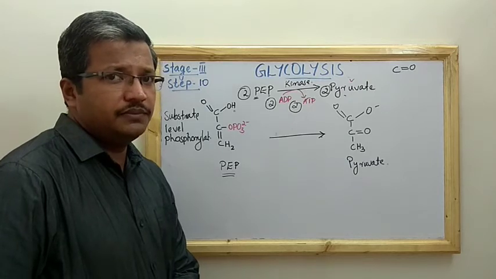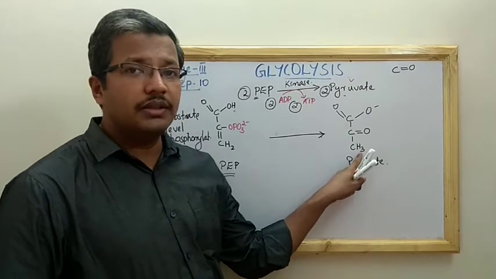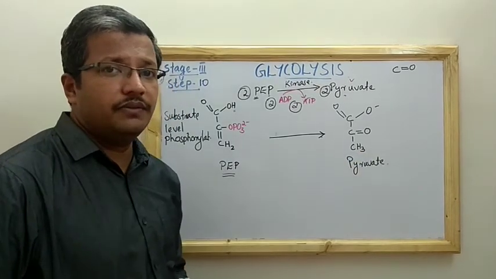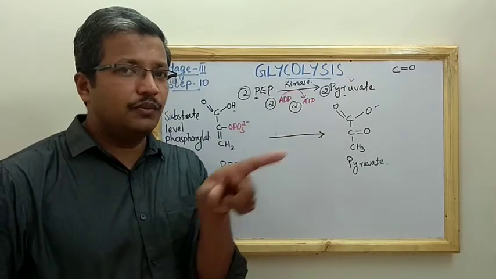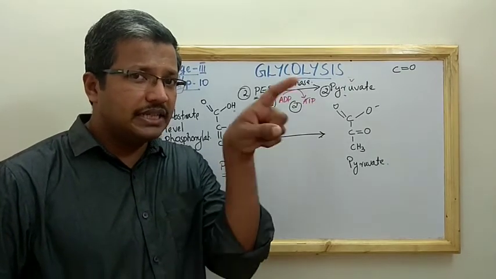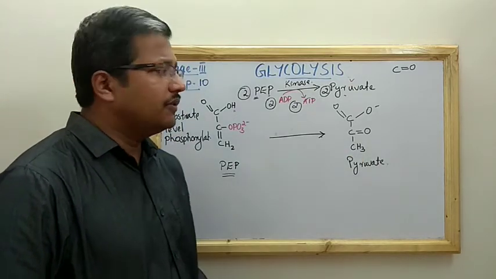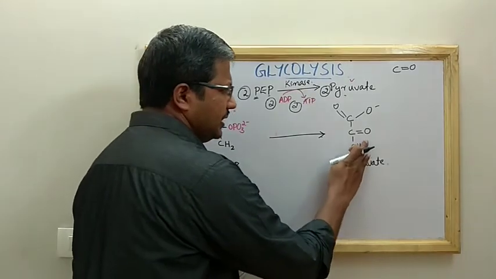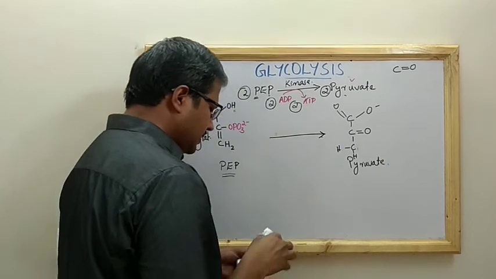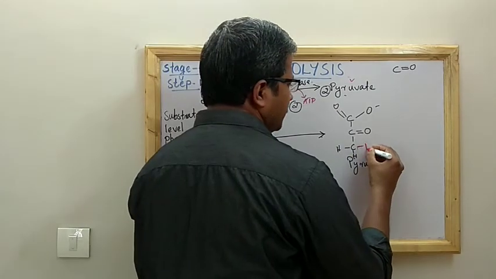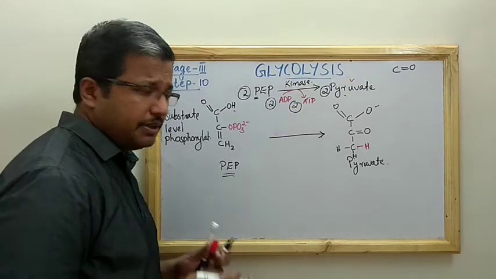Now the question is, from where did this third hydrogen, the H3, come? It comes from the ADP. The terminal phosphate has an OH, and when it gets ionized to O minus, that H will be there and will be coming here. If you want to understand better, you can make it like this, H, H and this H, so that you understand it is actually coming from this ADP.